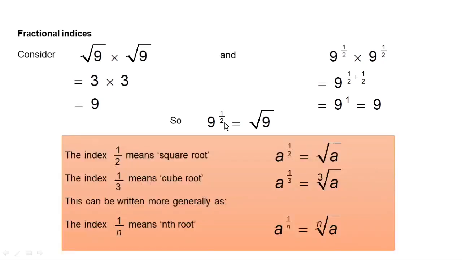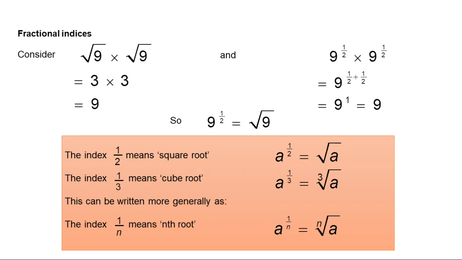This gives us a conclusion that if the index 1/2 means square root, then a to the power of 1/2 is equal to square root of a. The index 1/3 means cube root, which means a to the power of 1 over 3 is equal to cube root of a. This can be written more generally as: the index 1 over n means the nth root.